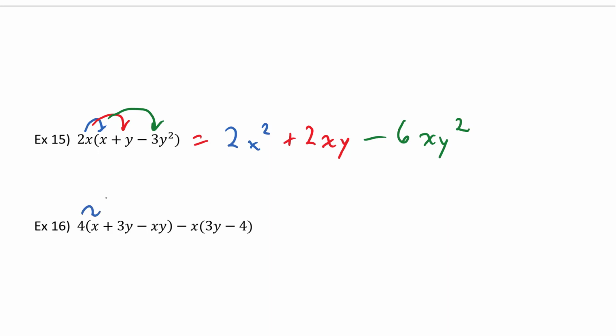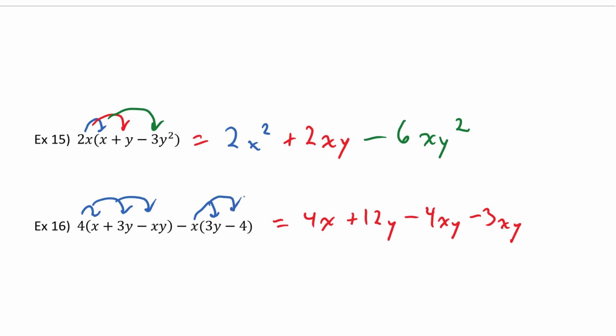Let's distribute here. First, we get 4x, and then here, plus 12y, then to this one, minus 4xy. Move on to the next grouping here, minus x times 3y, minus 3xy, and then lastly here, minus x times minus 4 gives me positive 4x.